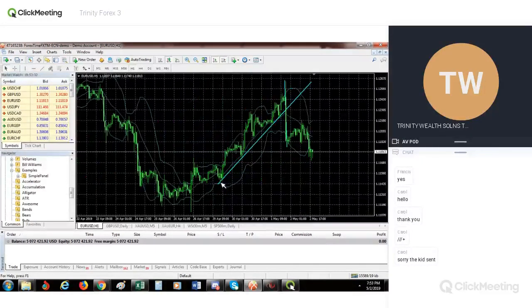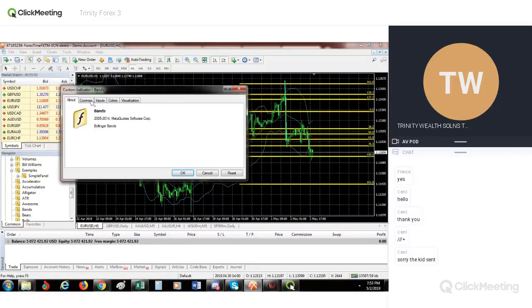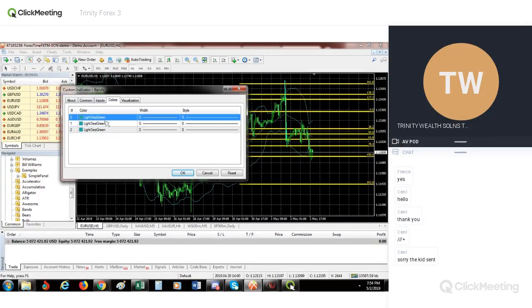In this case, the market was not making big moves, so I draw my Fibonacci there. Let me change the color of the Bollinger Bands for you to see clearly. I should be able to change the color. I don't know why I'm not.